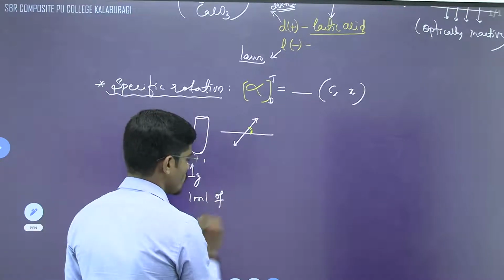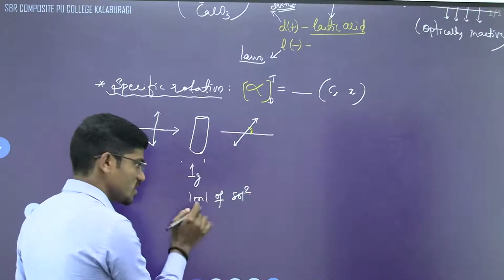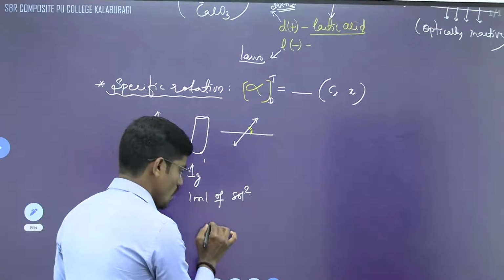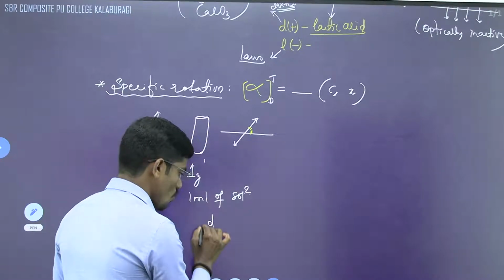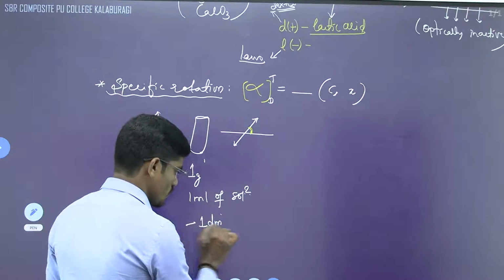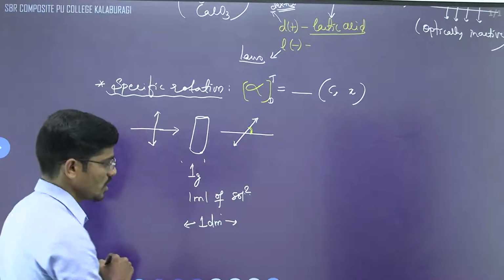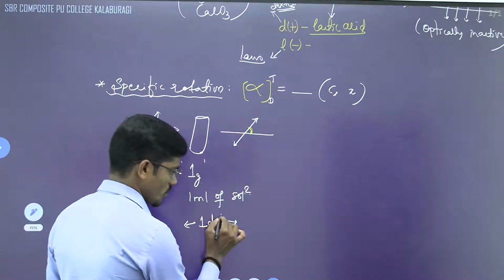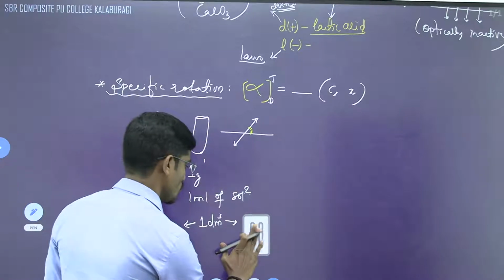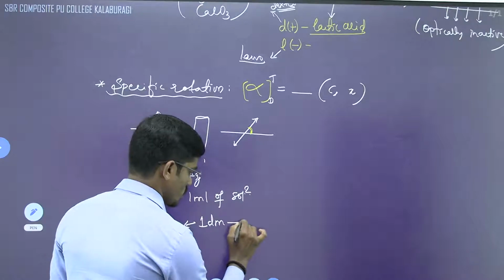This is taken in a tube having a path length of 1 decimeter, 1 dm.